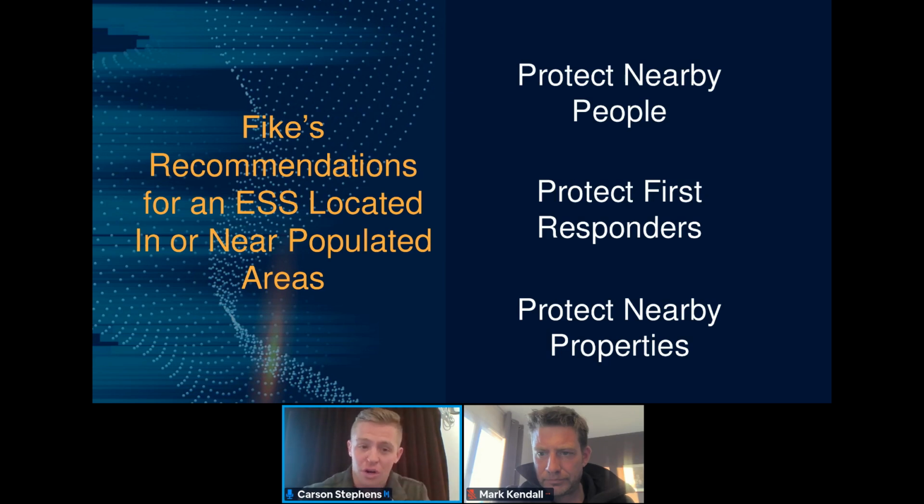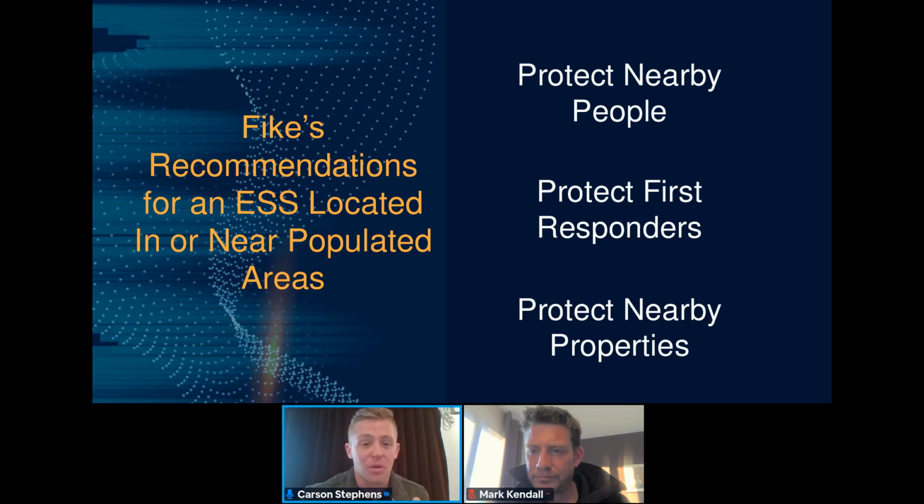So if you are in charge of this project and it's located by people, making sure that you have early warning detection and you're notifying the correct authorities of what hazard is present is imperative. And then obviously, if it's on top of this apartment building, the example I keep talking about, you're protecting the nearby properties. You want to be able to mitigate that root cause. Perhaps you want to employ all the layers of protection we just talked about on this one.